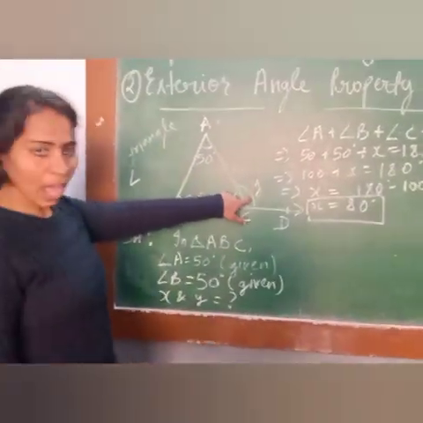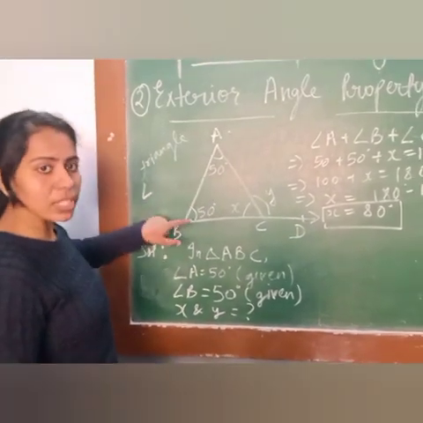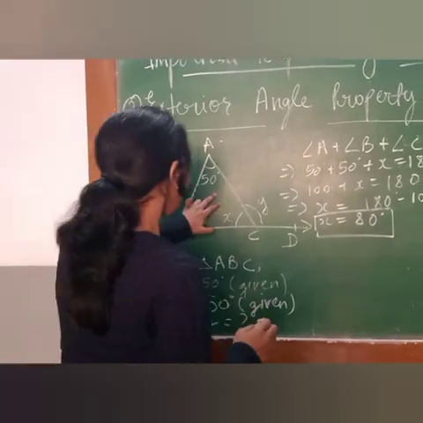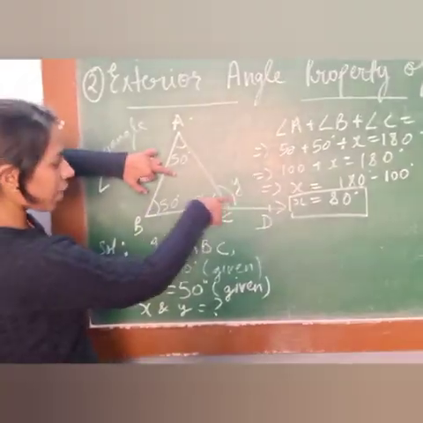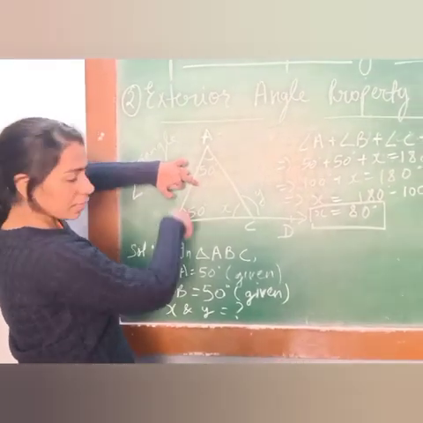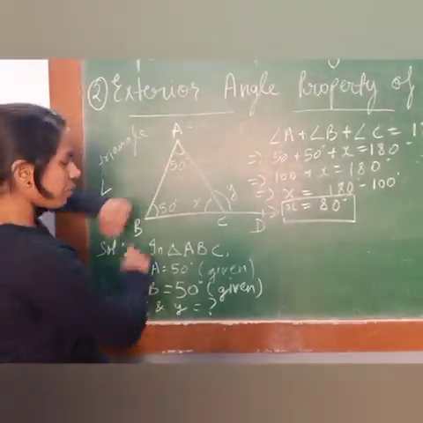that an exterior angle is equal to the sum of its two opposite interior angles. Now the interior opposite angles of angle Y are angle A and angle B, whose value is 50 degrees and 50 degrees.